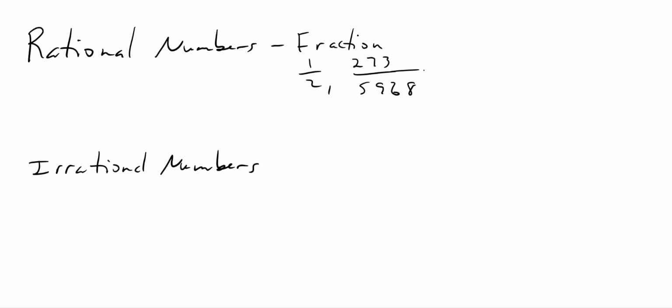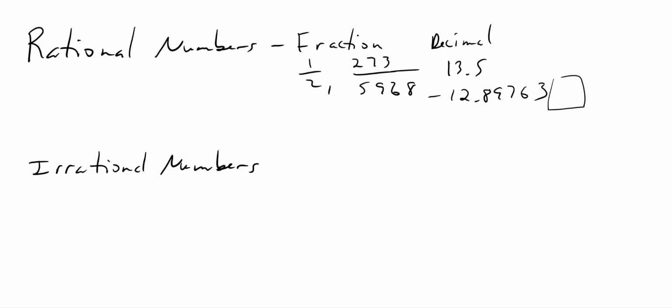As long as it's a fraction, any fraction, it's a rational number. A decimal can also be rational, but it has to be a fixed decimal. In other words, it can be 13.5, negative 12.89763. As long as it ends, it is a rational number.